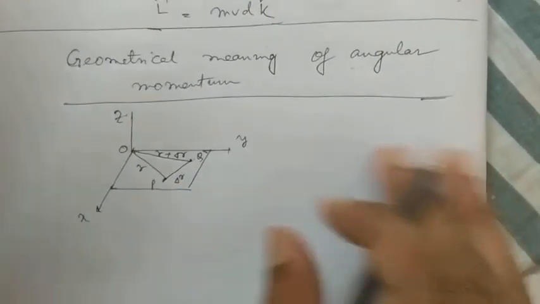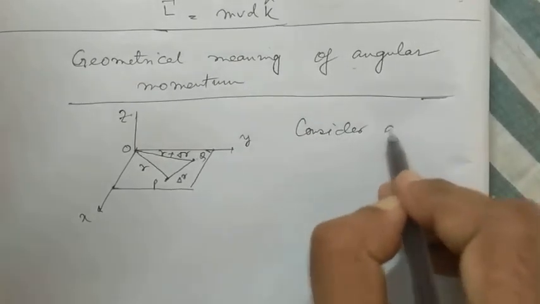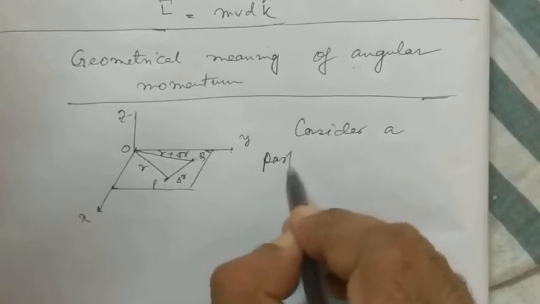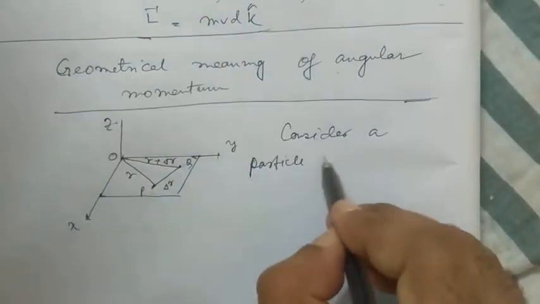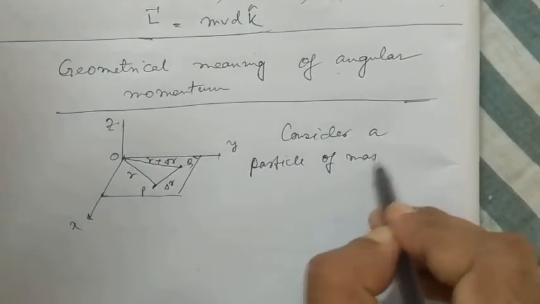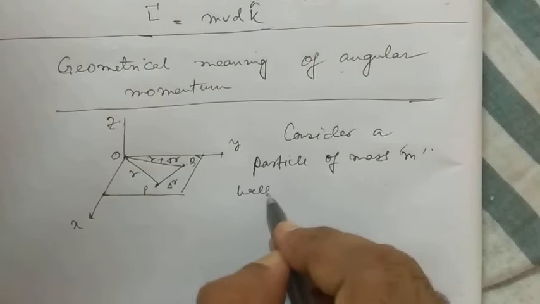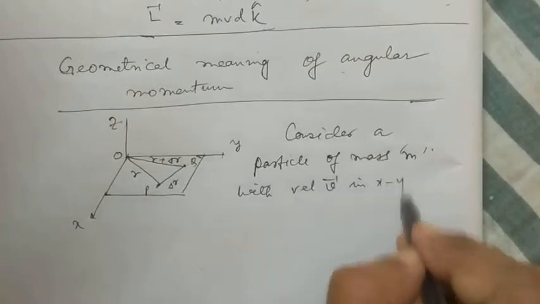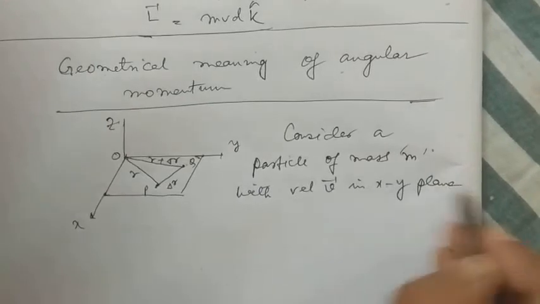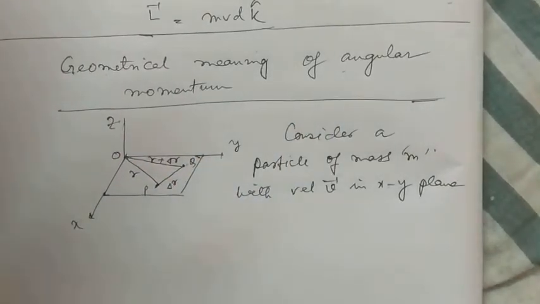So consider a particle of mass m with velocity v in the xy plane. So this is the xy plane, and the particle is moving with velocity v in the xy plane.